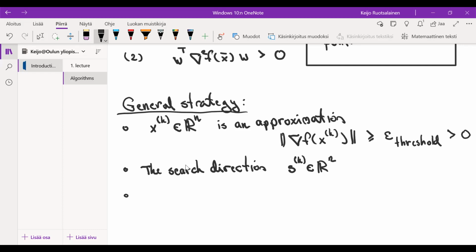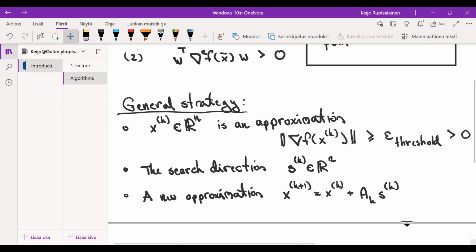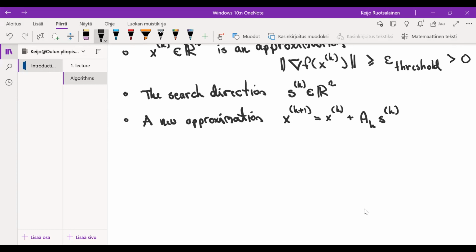And then a new approximation, xk plus 1, is xk plus some matrix Ak times the search direction sk. And at every step, we have to find this.